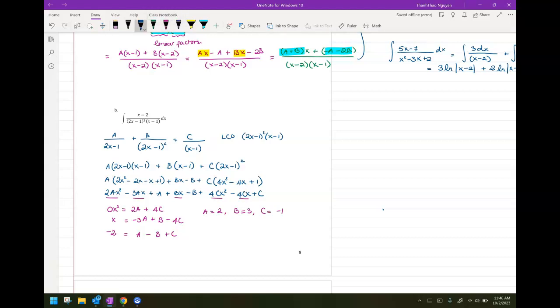I can then rewrite my integral as 2 over 2x minus 1 dx plus 3 over 2x minus 1 squared dx plus negative 1 over x minus 1 dx.